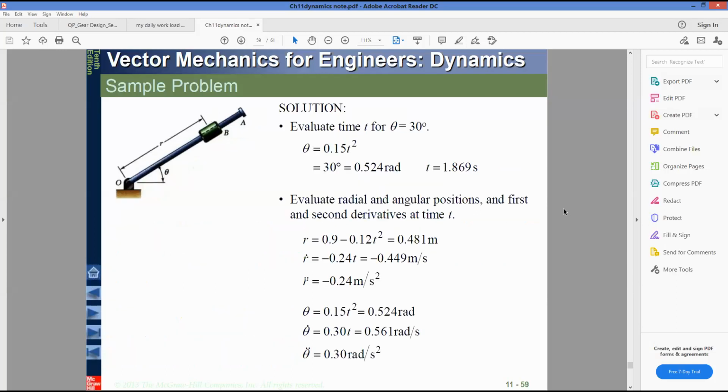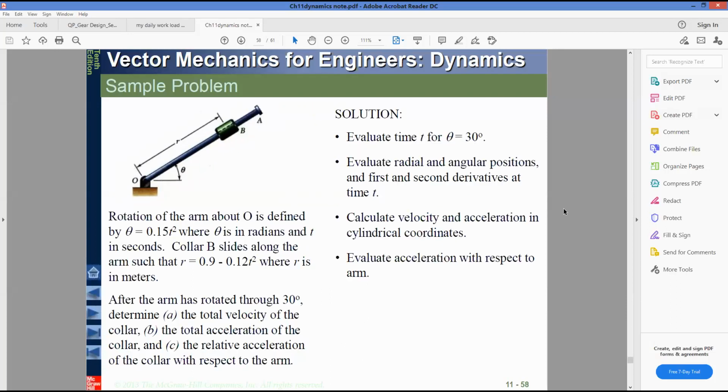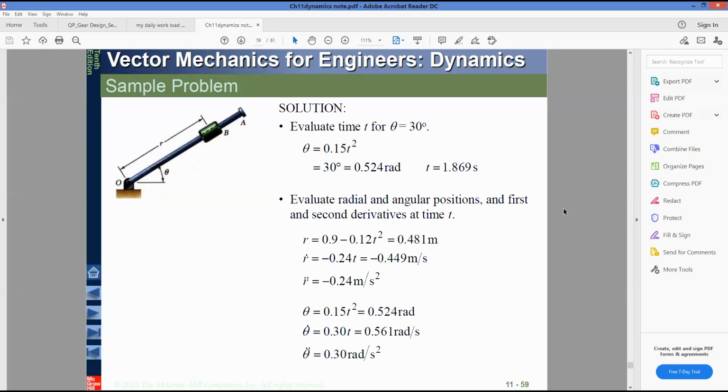As per the question, theta is equal to 0.15 t square. If we put theta equal to 30 degrees, then t is equal to 1.869 seconds. Just put theta equal to 30 degrees and find the time.